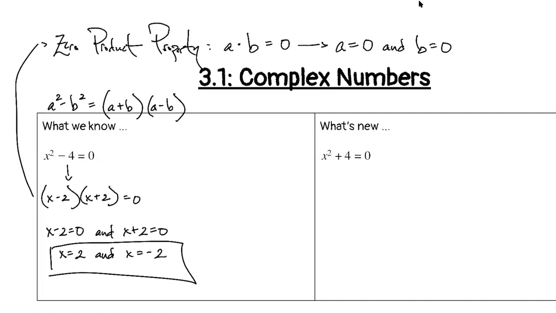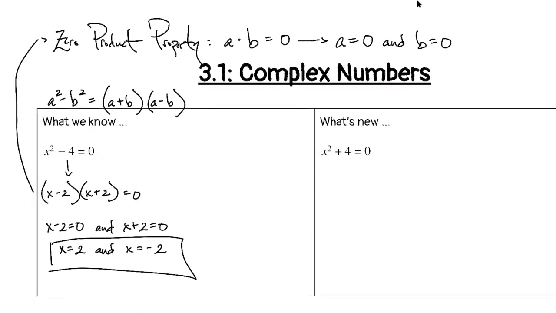Because the only way to multiply two numbers and get 0 is that one of them has to be 0. Okay, good.